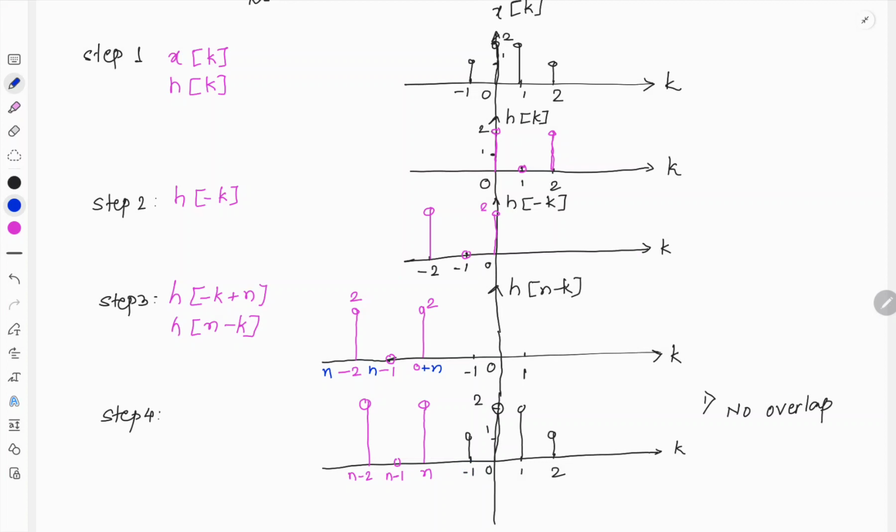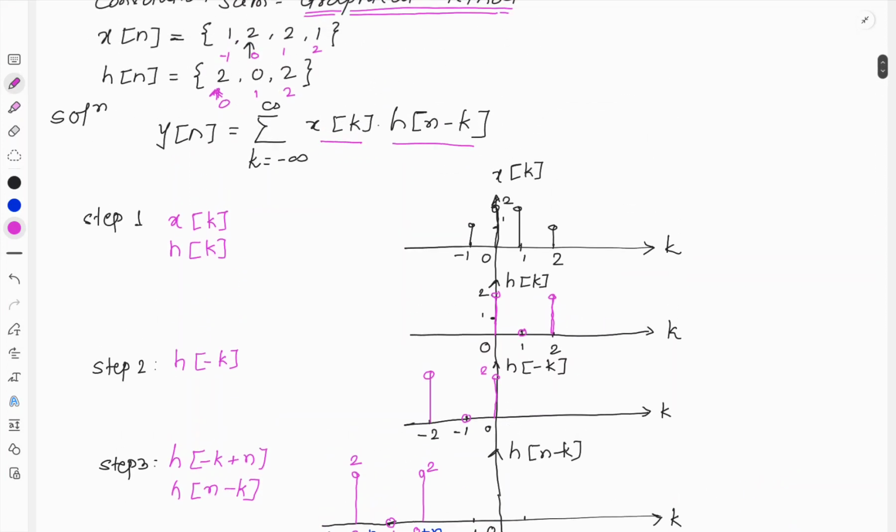So this condition states that if n is less than -1, there won't be any overlap. Hence our summation will not exist, because in the equation of convolution sum, we need to multiply x of k with h of n minus k. And if there is no overlap, this multiplication is 0 into 0. So no multiplication exists, hence our y of n becomes 0.